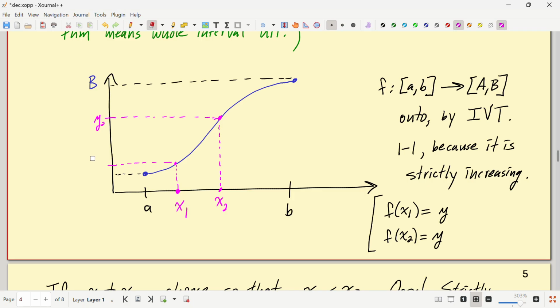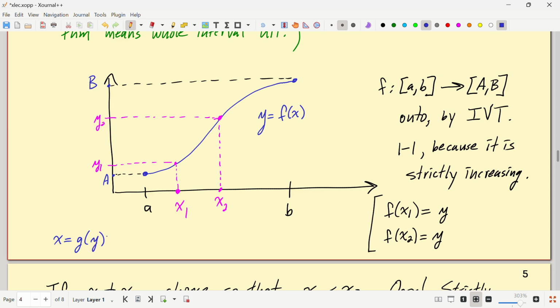Here's the y1. I wish I had brought a transparency. If this is y equals f of x, how would I get a graph of x equals g of y? Here's how I do it.